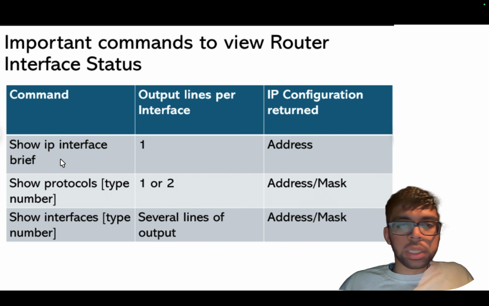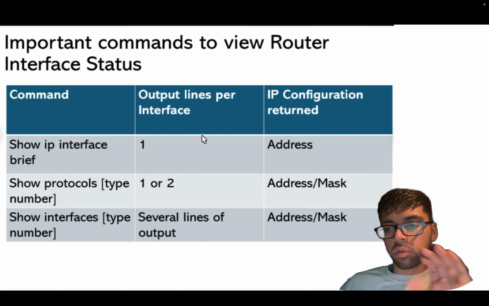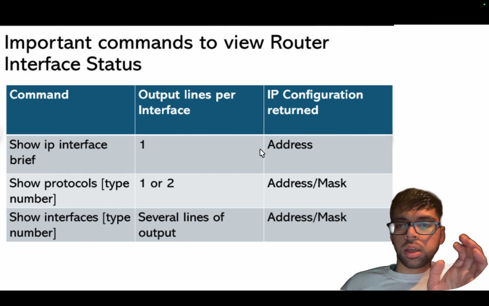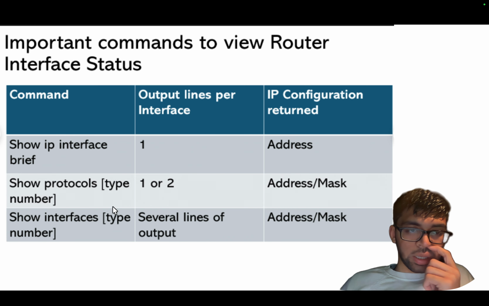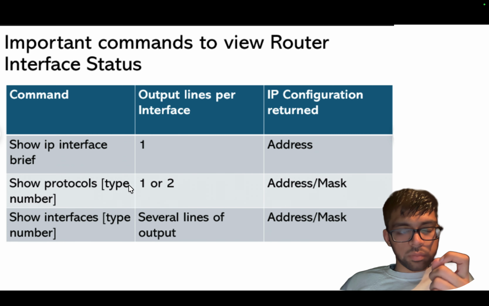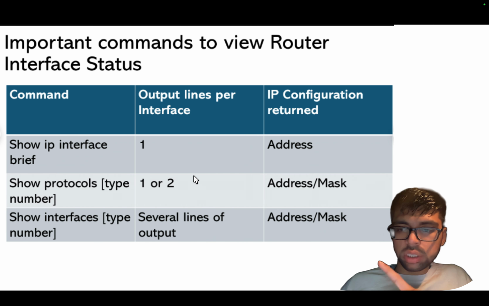The first one, show ip interface brief, will give you a line of output for each interface, not just one line of output in total, but per interface, and you'll see IP addresses. But show protocols gives you 1 or 2 lines per interface. Don't worry, I'll show you examples.